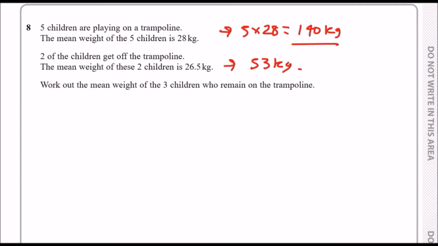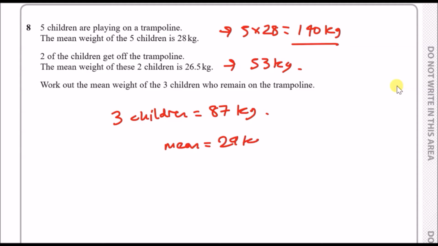If I subtract these two results, we'll find out that the weight of the 3 children was the difference between 140 and 53, which is 87 kg. Now if I divide that by 3, it turns out that the mean weight of each of the 3 children that remain on the trampoline was 29 kg. And that's it, guys. That's this question done.